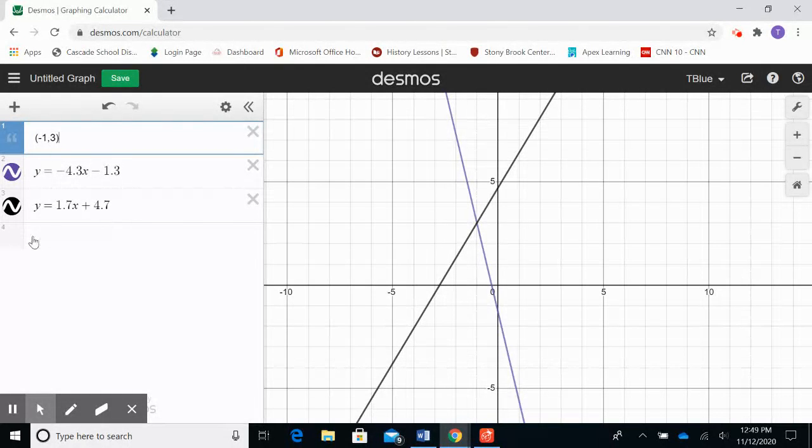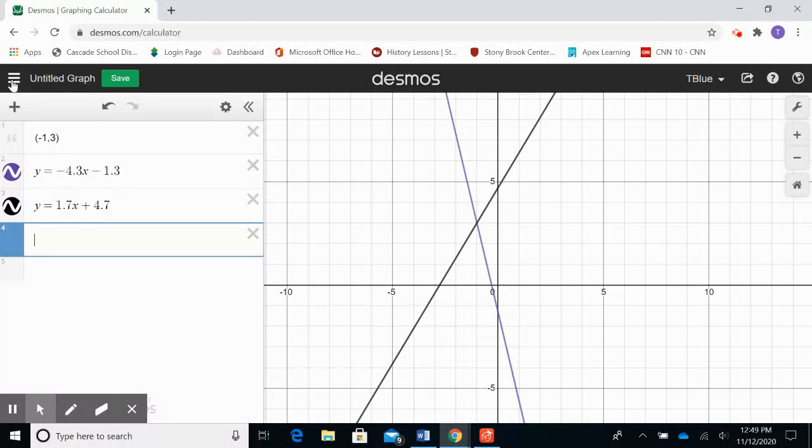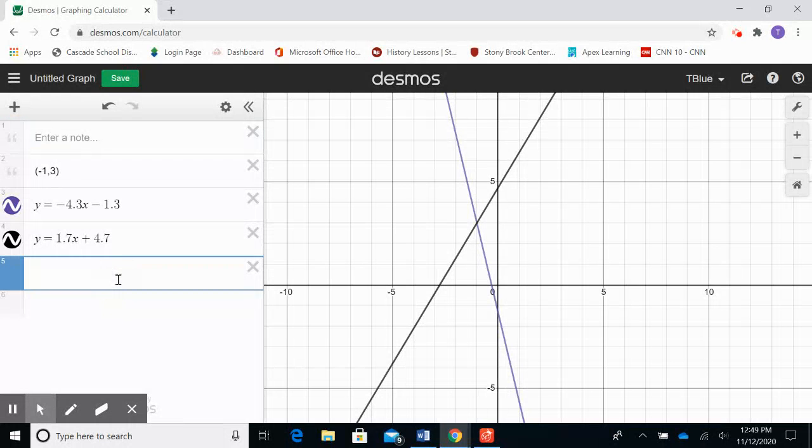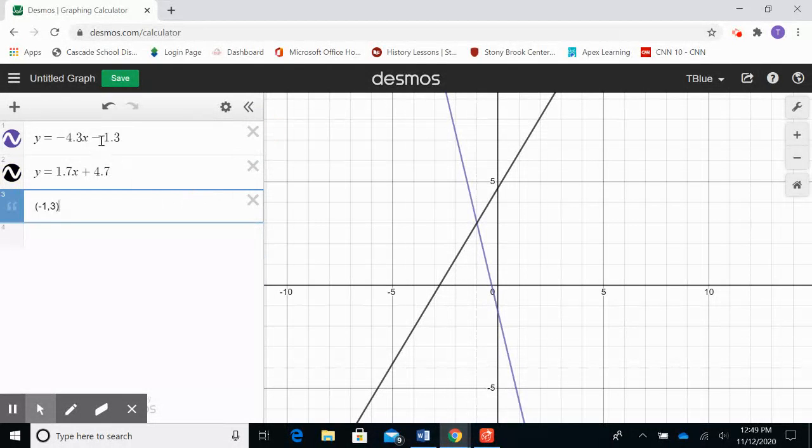Actually, I should put it at the end. Why does it keep going up there for my little note thing? So that's how it's going to look. I have my two equations, and then my solution.